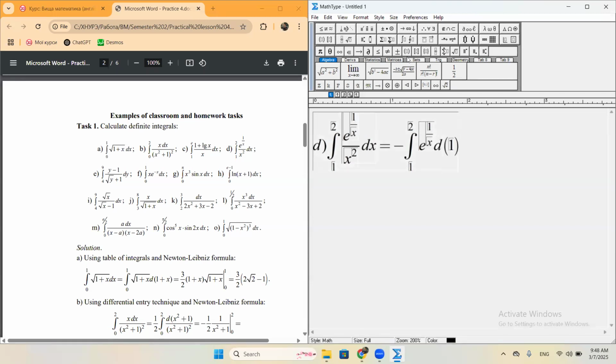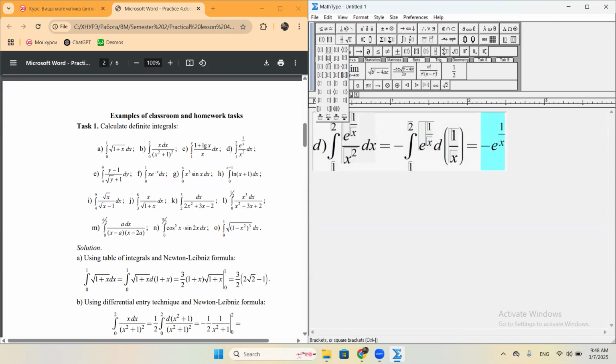So the differential of 1 over x. And we have minus e to the power of 1 over x, with substitutions from 1 to 2.